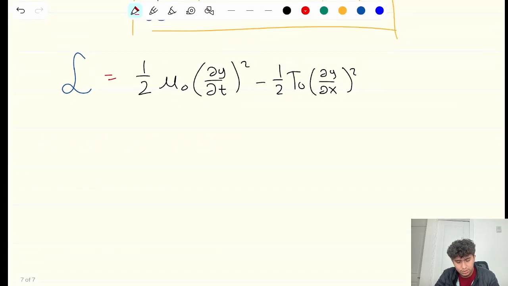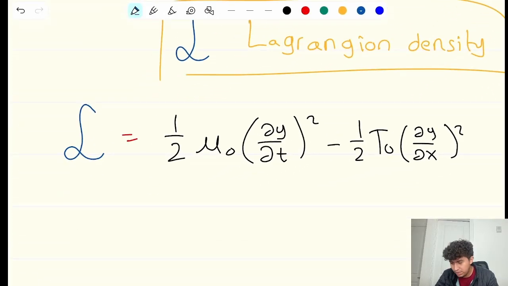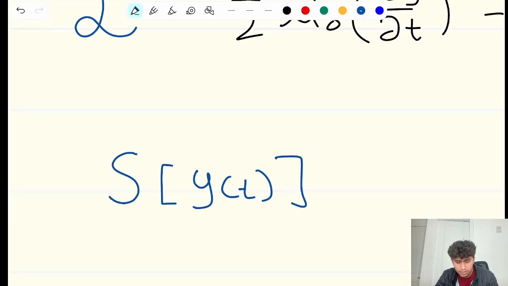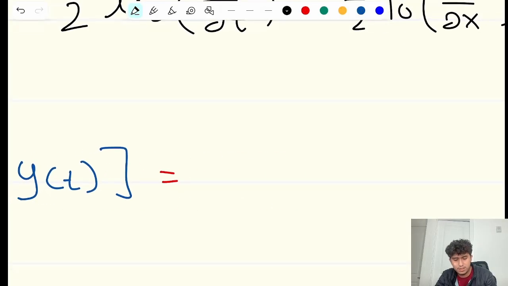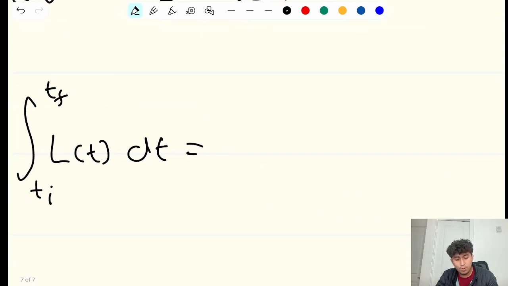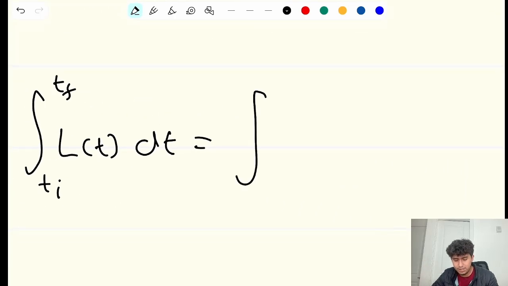We can write the action in the following way. Let me simplify my writing. Okay, let me write the action. The action, just remember, is the integral of the Lagrangian, or it can be the double integral, first time integral and space integral.